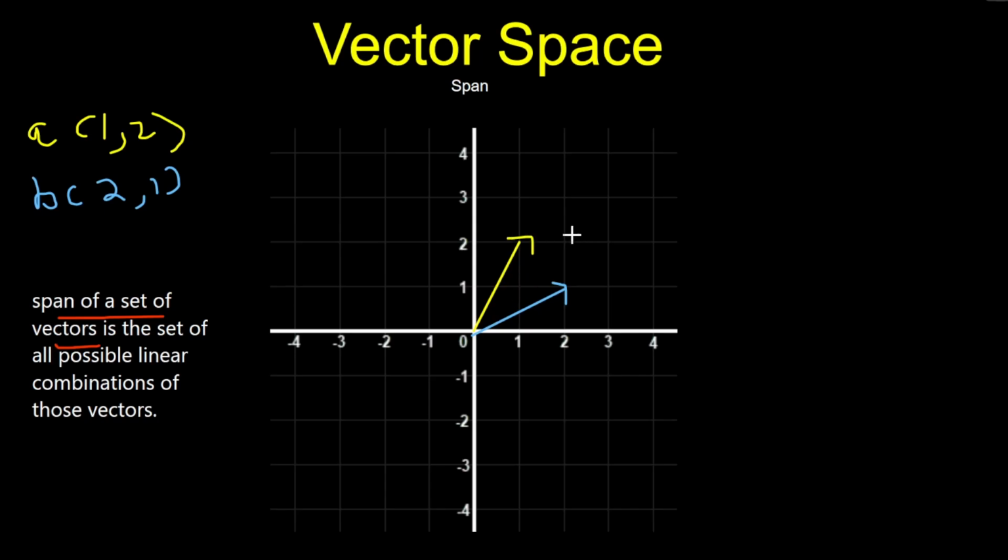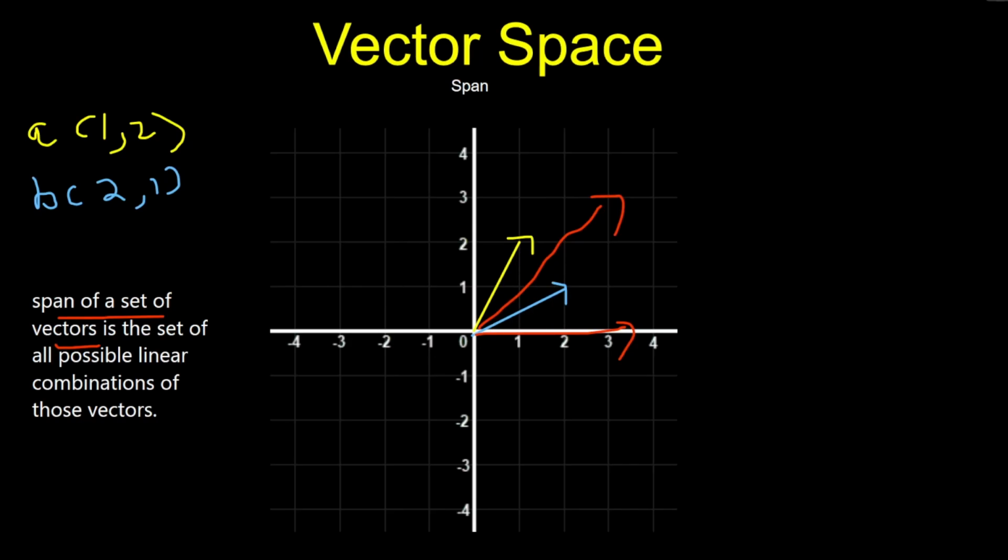We saw in the previous video that we can get this vector and this vector by just scaling and adding these two vectors. If you think about it, we can get any vector in the 2D plane by scaling and adding these vectors.